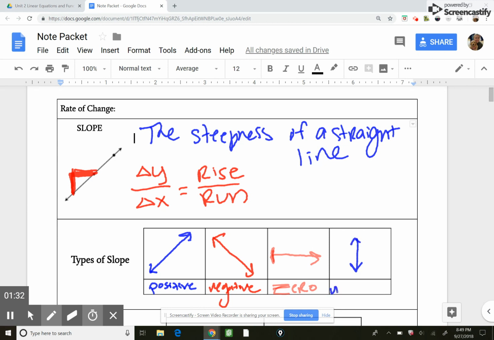This is your undefined slope. I always think of the undefined as like a wall. I can't climb a wall. It's too steep. This is like walking, the steepness is 0. Think of a treadmill, there's no incline, you're walking at 0. This you can't walk. So that's how I think about it.